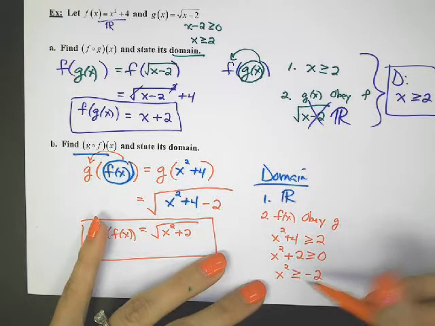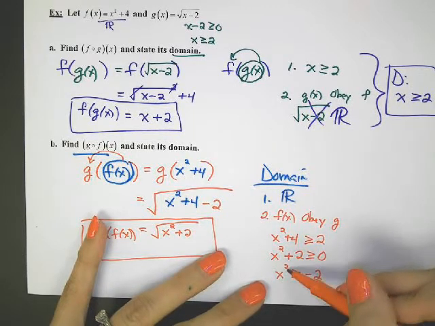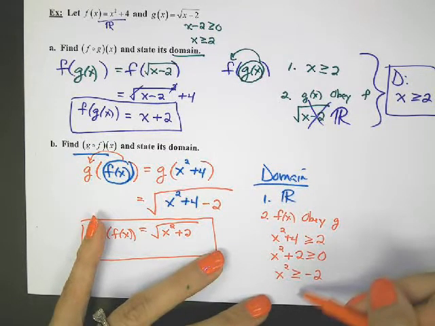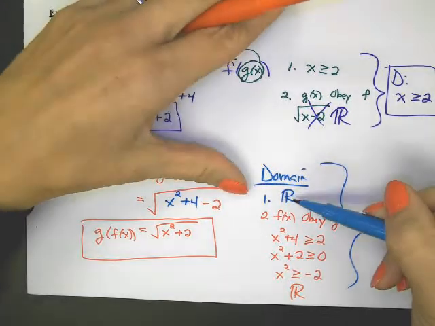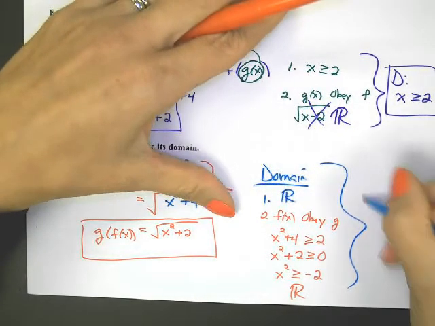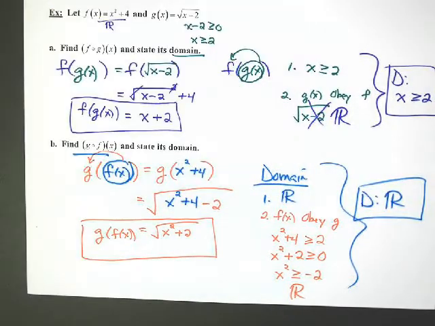Positives will be more than a negative. 0 will be more than a negative. Negatives get squared. Remember? It's all reals. Okay, so to state the answer, we have to combine step 1 all reals with step 2 all reals. So the overall answer is all reals.